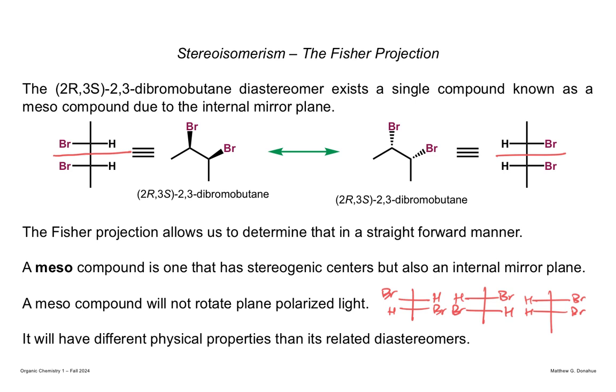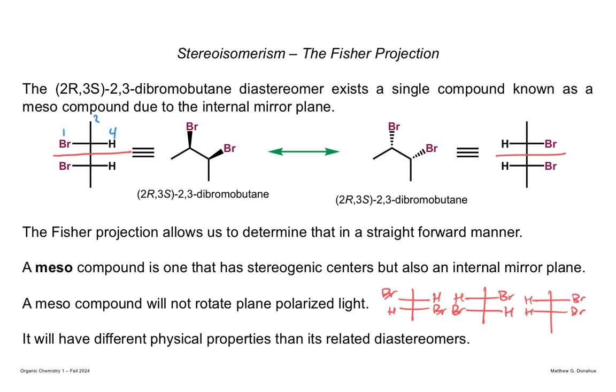So how would we assign priorities to the Fischer? Or would we do that before we draw it? So, for example, I'll do it in blue here. So here, the bromine is still 1. Hydrogen's 4.